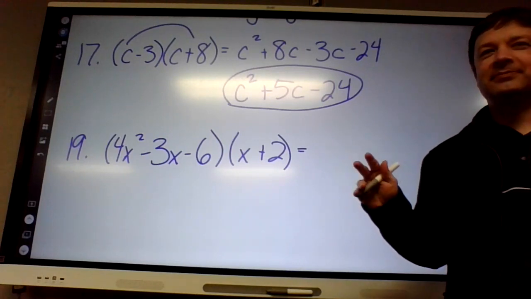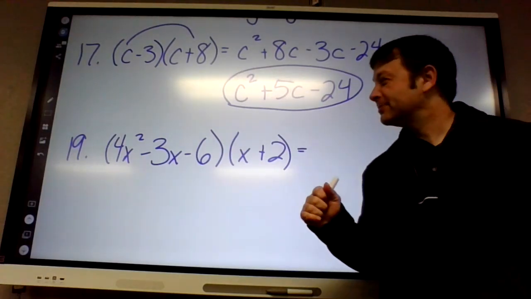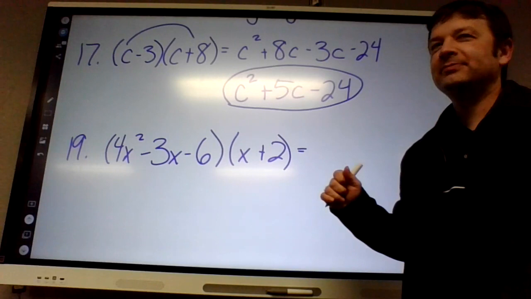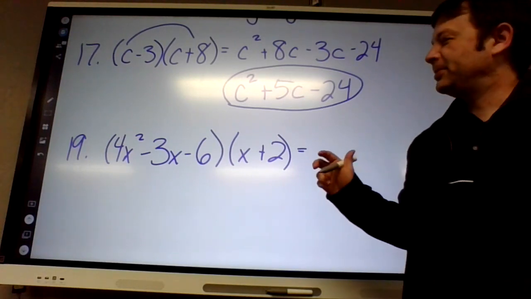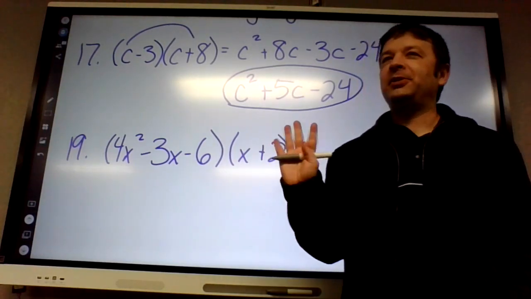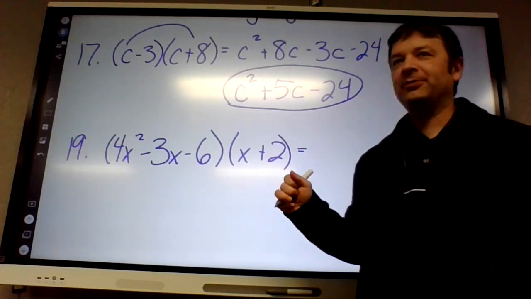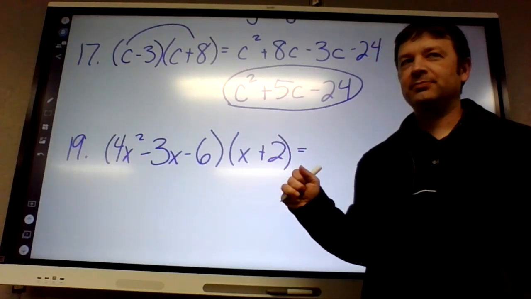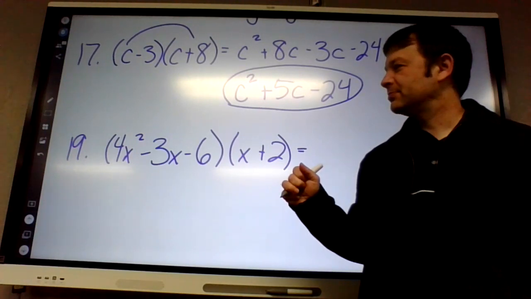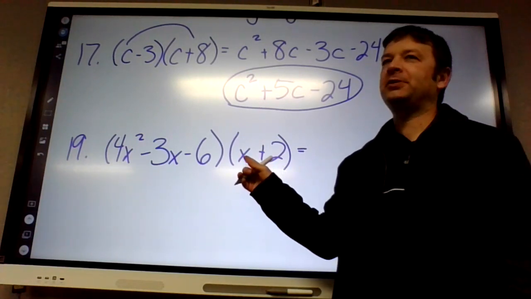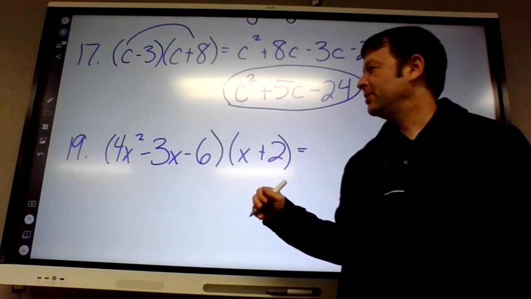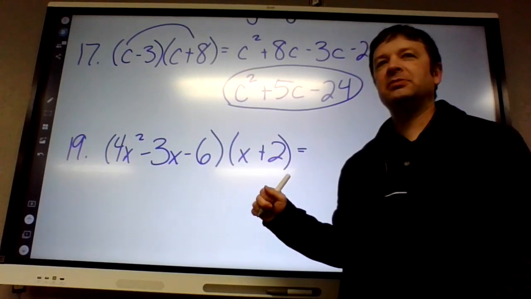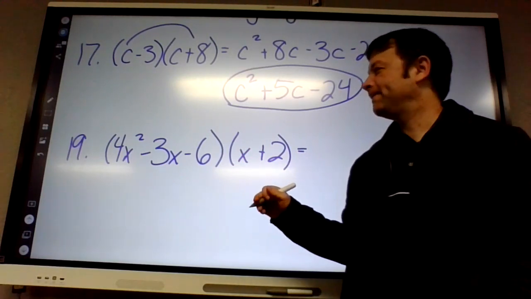Okay, Jaden, any ideas on how this is going to work? You've got to do like 4x. Can you describe the general plan of action, like what we're going to do? Do like 4 times 4x squared. Well, that's true. That would be the first step, but what are we going to do? No, FOIL. No, not FOIL.